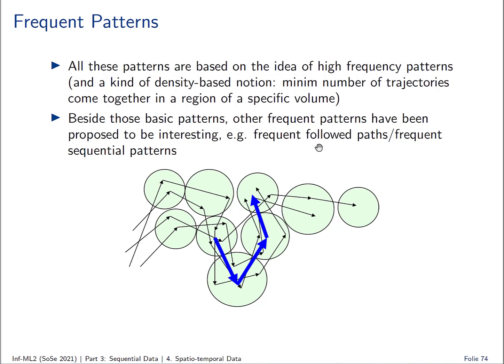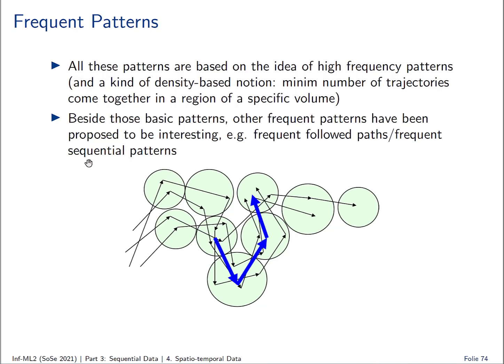For example, you can look at paths or sequential patterns instead of circular regions, and that is what people very frequently do. So look for frequently followed paths or frequent sequential patterns.